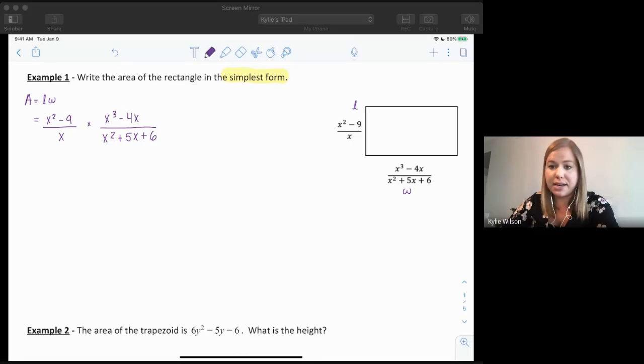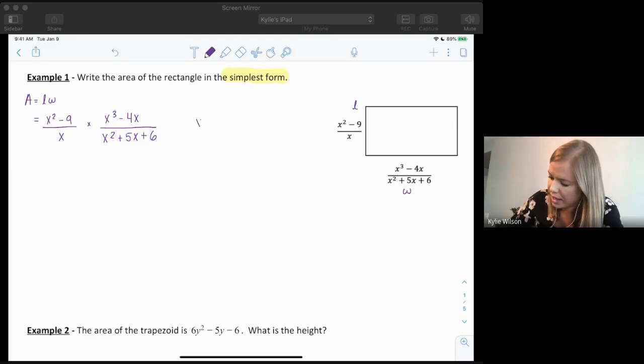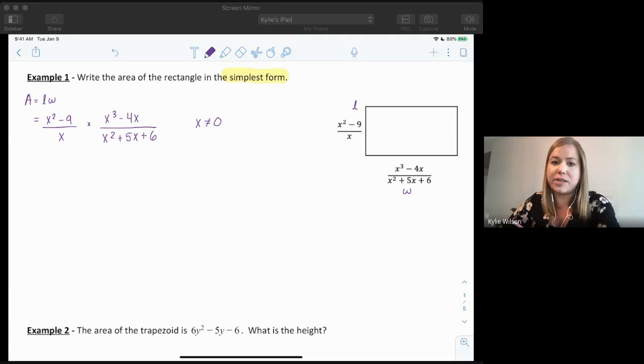So now that we have it set up, it's just like a question from lesson 2.2. So the first thing I do is I look to see if there's any restrictions I can see right away. And because I just have an x alone on the bottom, I can write x cannot equal 0 right away. And as we go through, we'll continue to add some more restrictions.